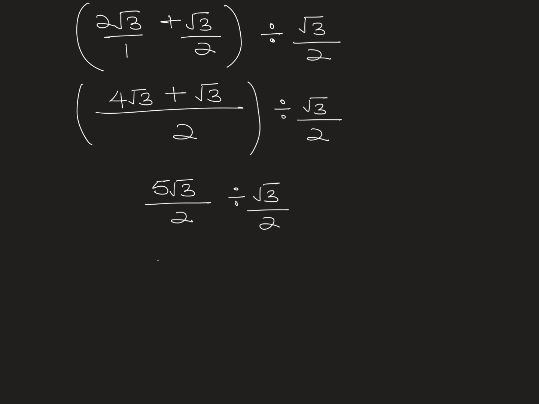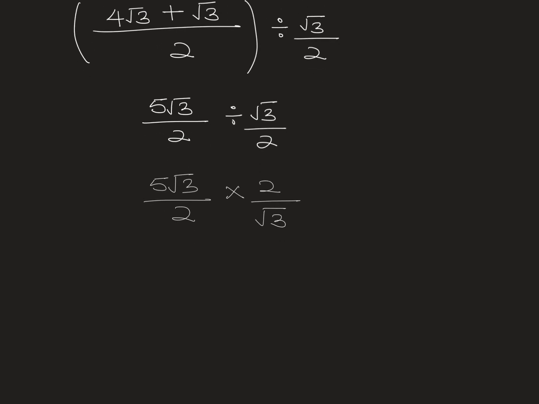So that is 5 root 3 over 2 times 2 over root 3. So what can we do here? The 2 can cancel 2, root 3 can cancel root 3. So our final answer is just 5.